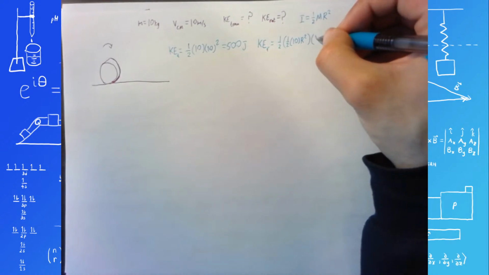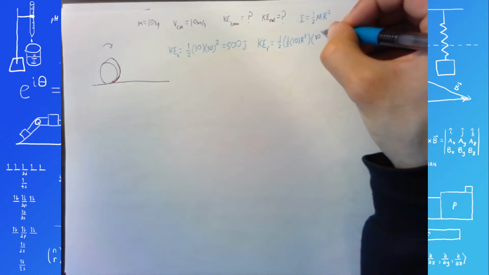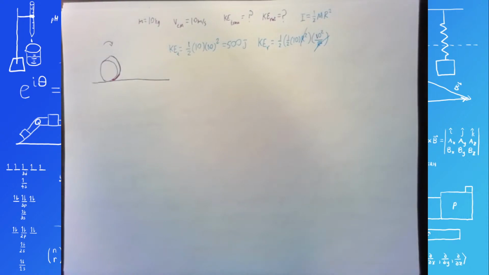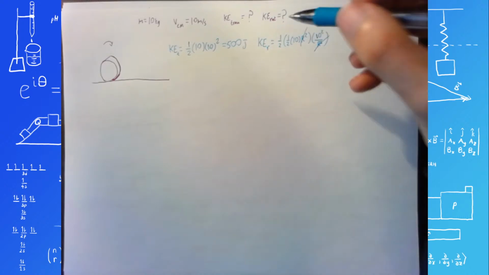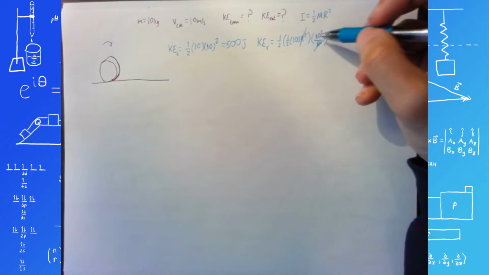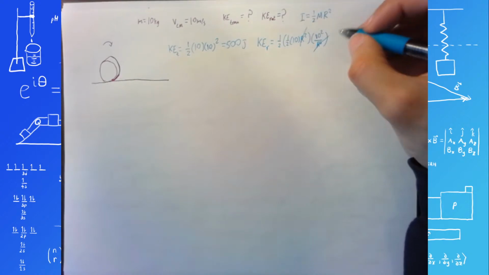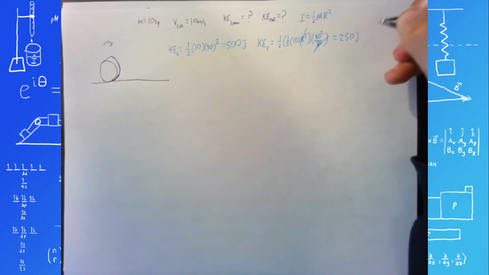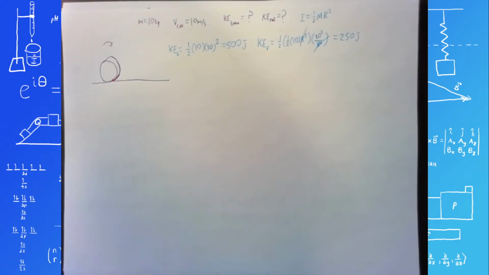Omega squared is going to be v squared over r squared, 10 squared over r squared. The radii cancel out. And I'm left with half of 10 times 100, half of 1,000. That is 1/4 of 1,000 or 250 joules. And the total kinetic energy is 750 joules.